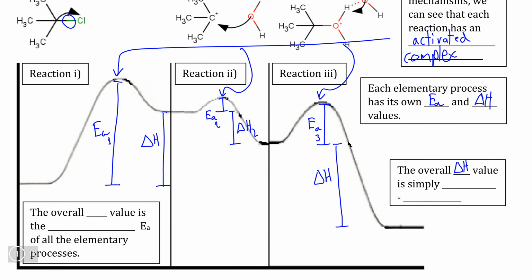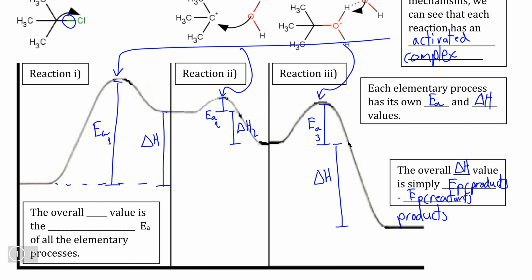We can simply find the overall delta H value by looking at the overall potential energy of the final products of the reaction, which would be here at the end of step 3, and simply subtract from that the overall potential energy of the reactants at the beginning of step 1.